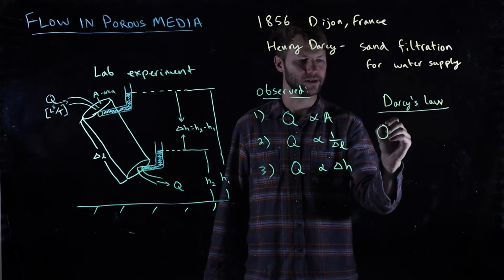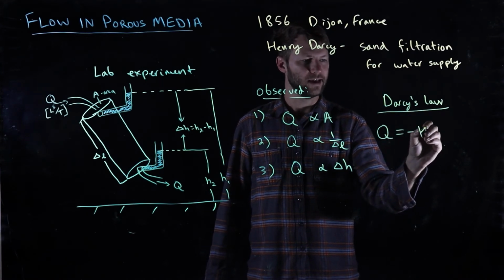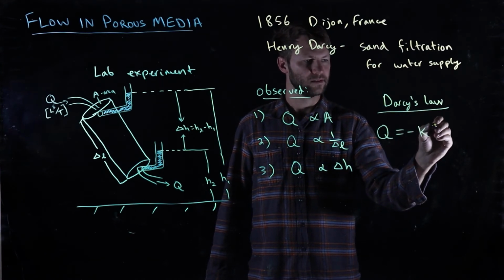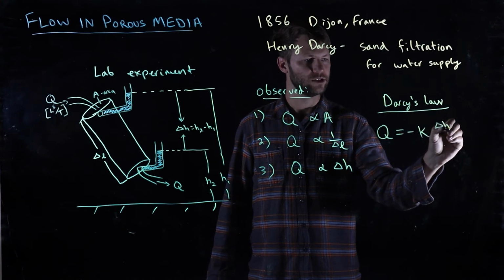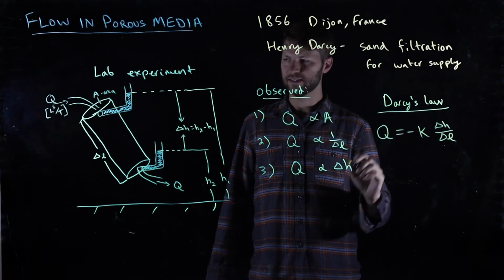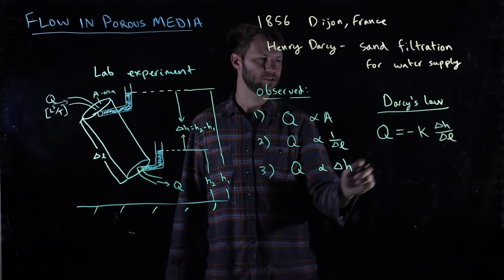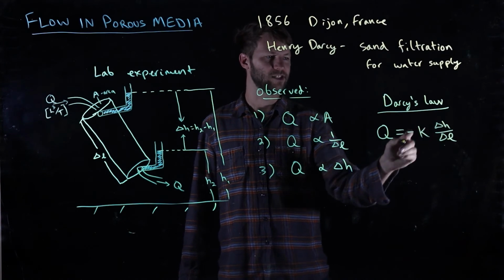And it's the following. Q is equal to negative K delta H over delta L. This K term, this is a constant of proportionality. Remember, these are just proportional to. This is what makes this an equation.